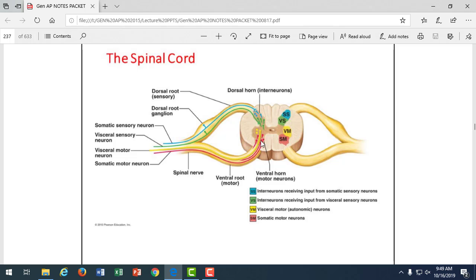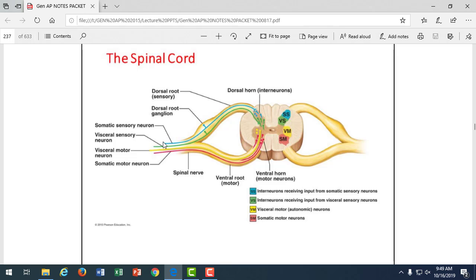That's the cell body. So they receive information. These have dendrites to receive information to go out to the spinal nerve and stimulate that muscle or organ. Okay, so the swelling here is because of the cell bodies there. Is this area myelinated? Are the cell bodies myelinated? No. The axons are.